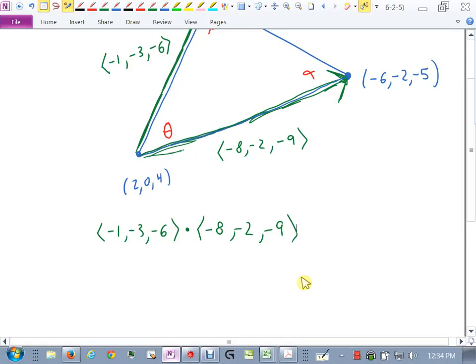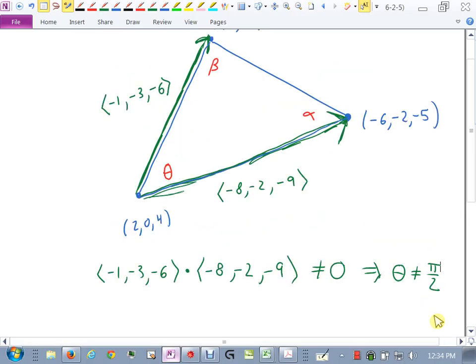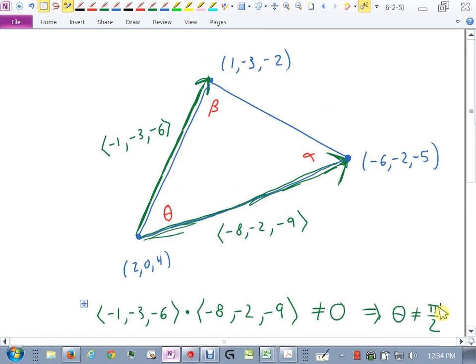So I don't even have to compute it. It's not 0, which means that theta is not pi over 2, which means that angle is not 90. So now what you would do is you'd set up the others and create new vectors. I'm not going to go through that, but you understand what you would have to do.